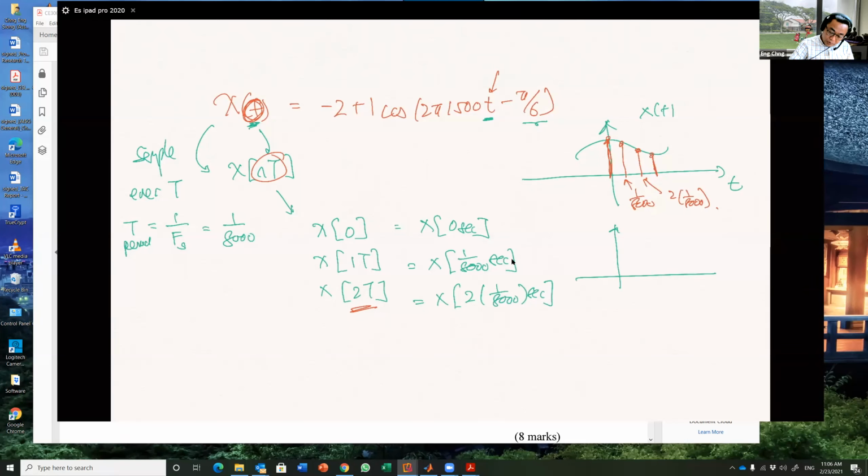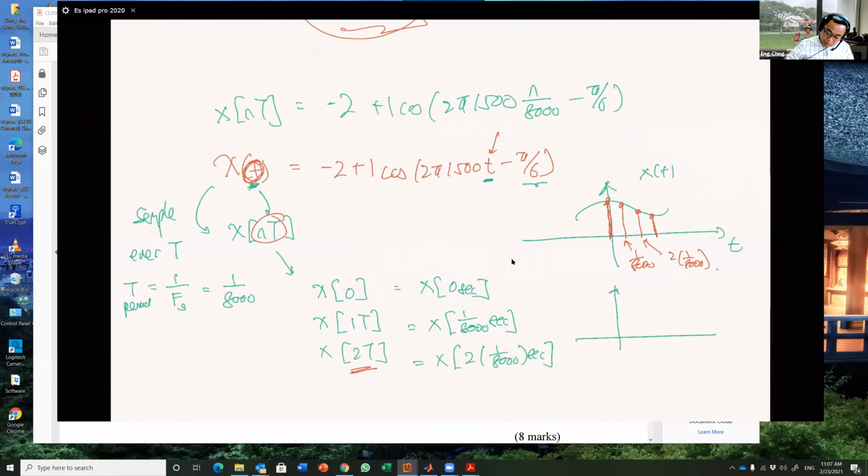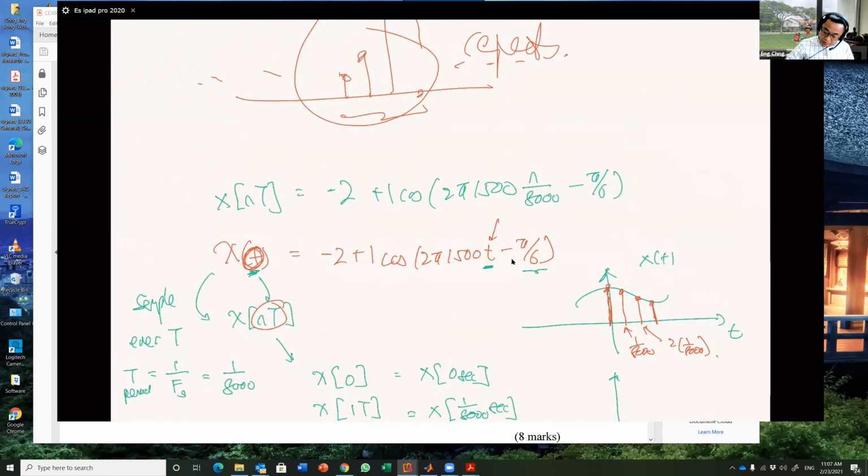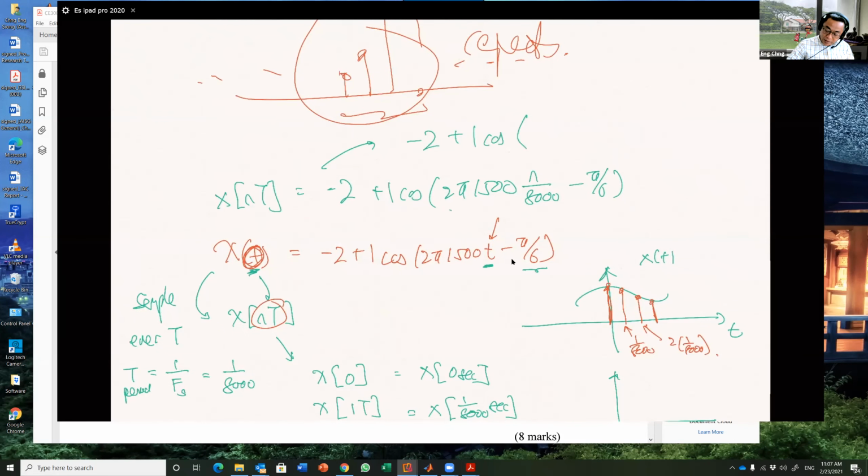I'm going to write the equation now for you. X of nt is equals to minus 2 plus 1 cosine 2 pi 1500 n divided by 8,000, because capital T is 1 over 8,000, minus pi over 6. Then we can reduce this to minus 2 plus 1 cosine of 3 over 8 pi n minus pi over 6.